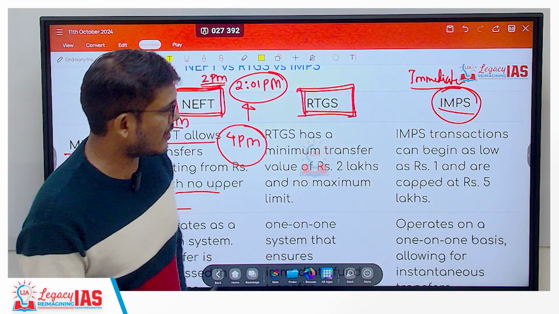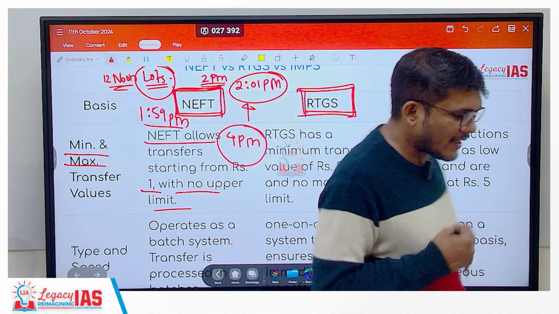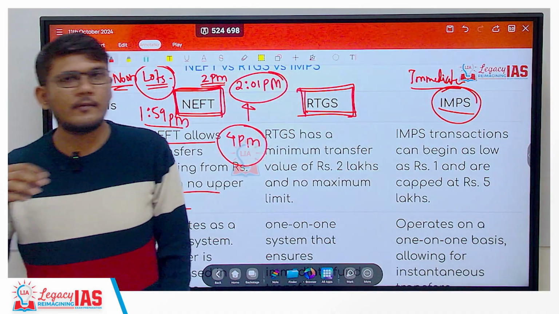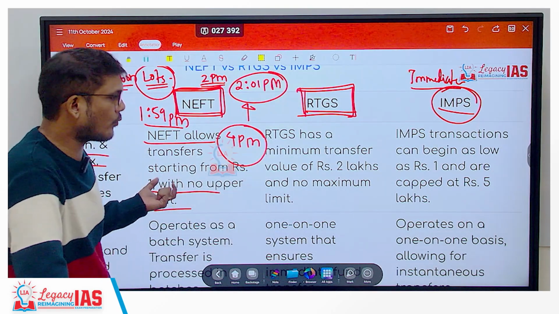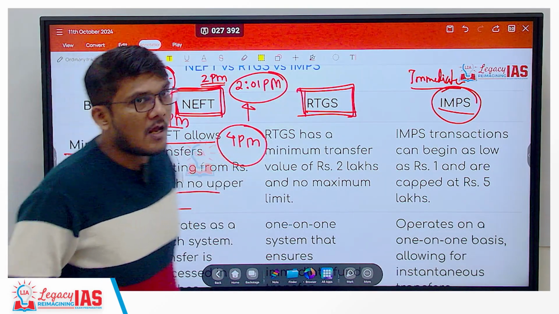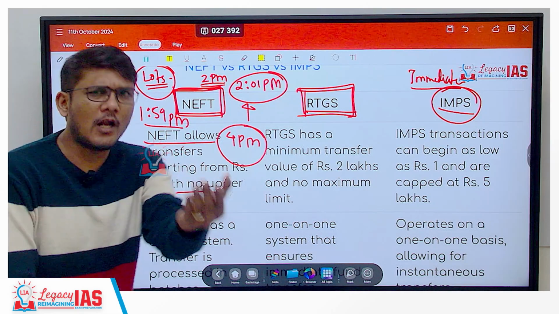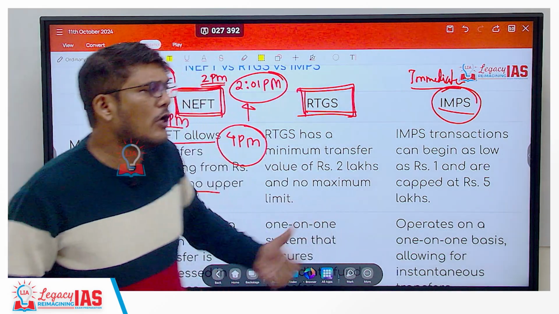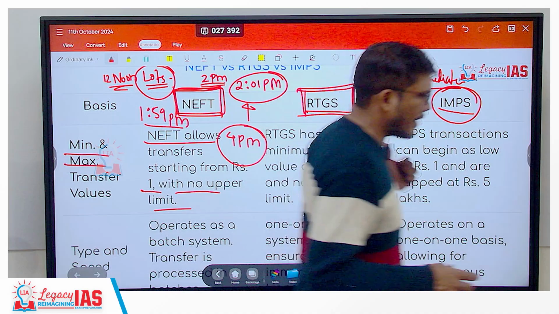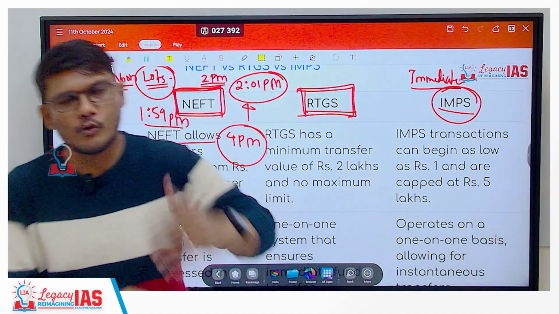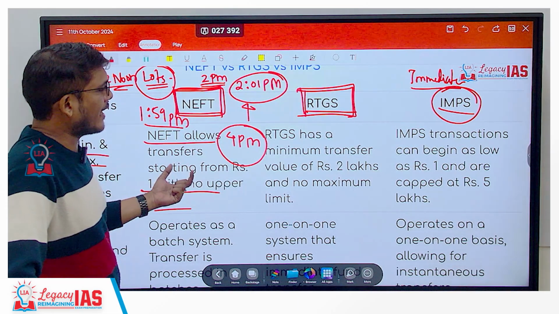If, by mistake, something has happened, then what you can do is escalate that issue. That is one thing which can be done. But as you see, the minimum limit is rupee 1. So even a small amount you can do through this. So you have been given an option to do it in lots, so that if any unforeseen thing happens, you can raise the issue. You have time for that. It is for that purpose.